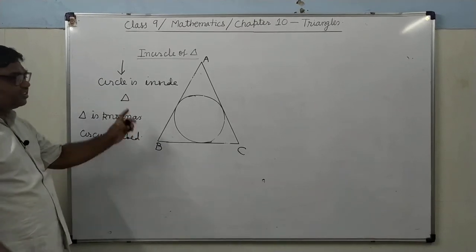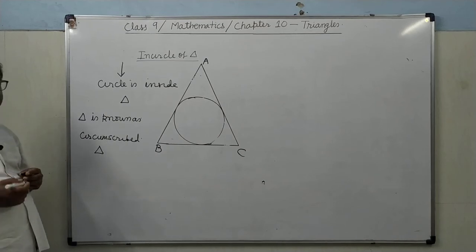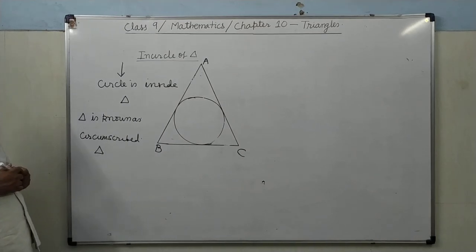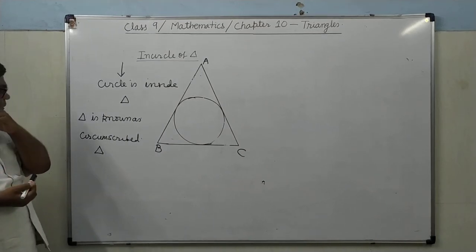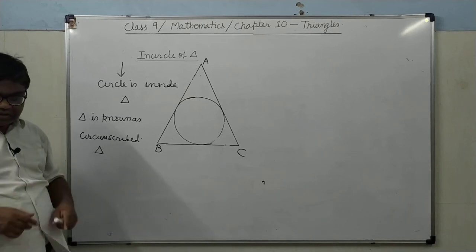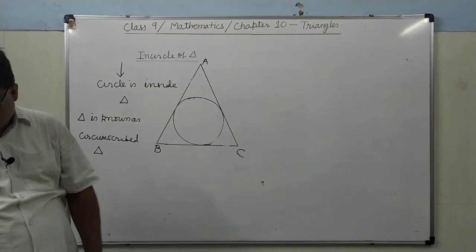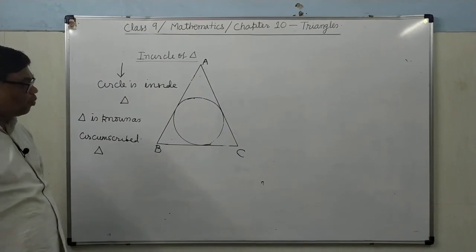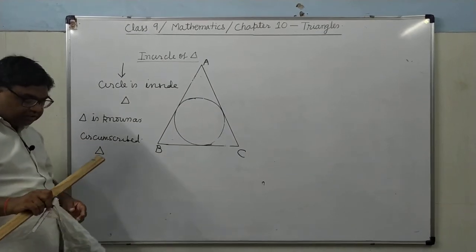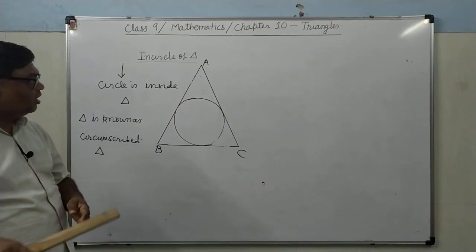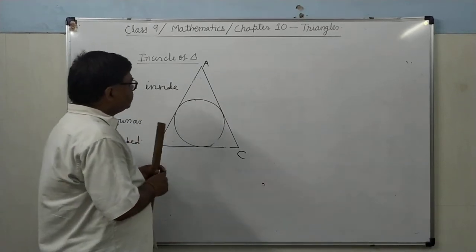The triangle is circumscribing the circle. Now what will be the center of this circle? The center of the circle will be the point where the angle bisectors are meeting, the angle bisectors of these angles.